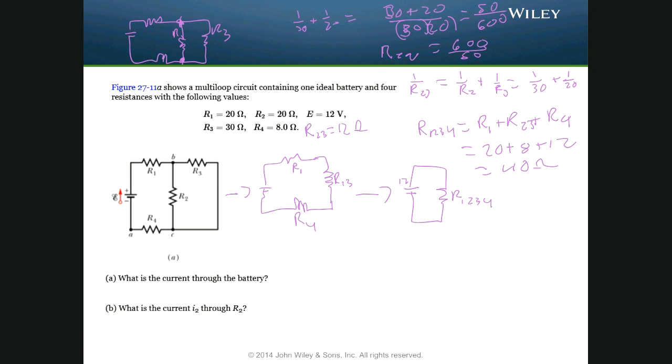And so this lets us just use Ohm's law, right? Which is E equals IR. And we can solve for I equals epsilon naught over R. And that will be equal to 12 volts over 40.